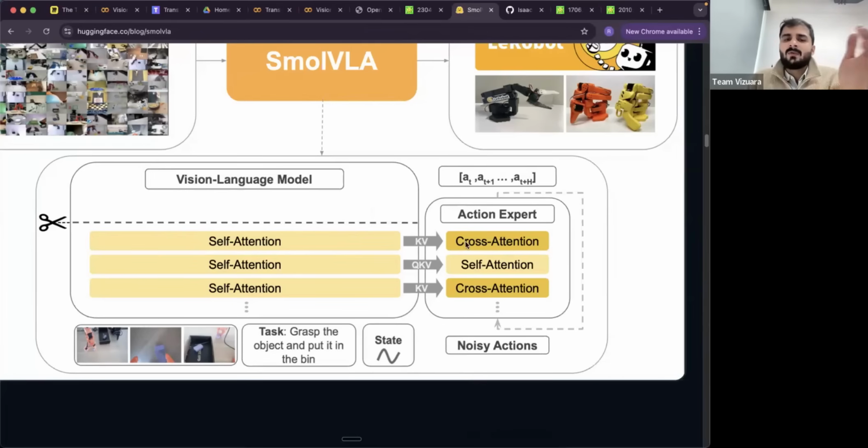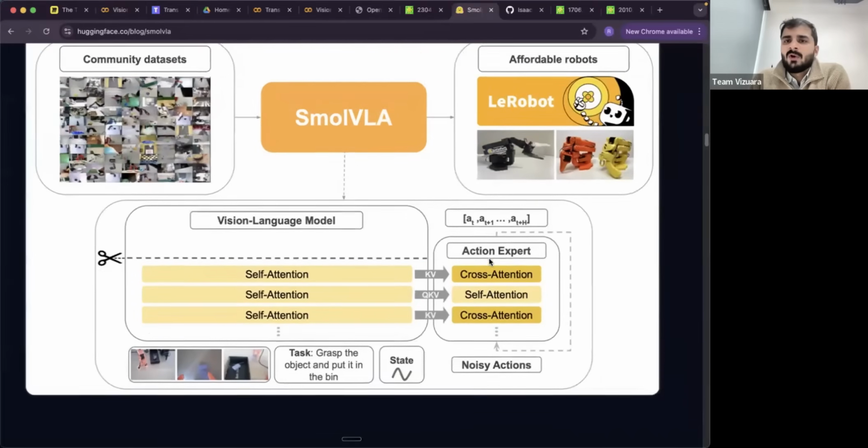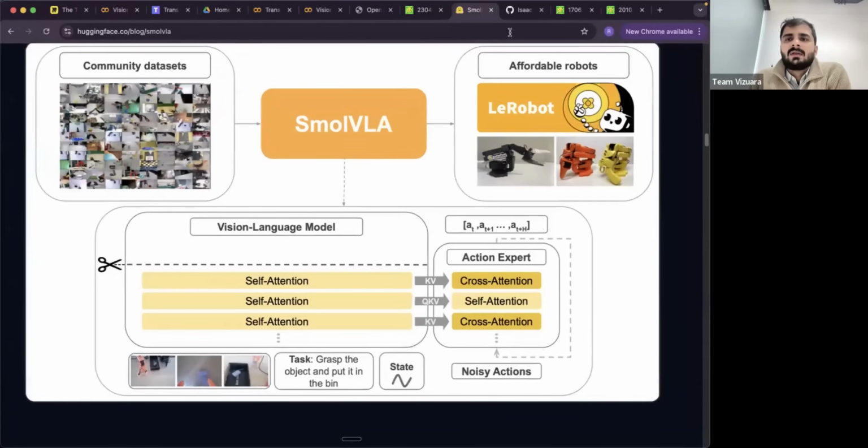So now you know why the queries are not coming in from the encoder to the decoder while doing the cross-attention. Because the queries are coming in from the decoder side, which are the actions. So the queries are the actions and the keys and the values is the context vectors for the entire observations which are passed as an input. And then this is the architecture which SmolVLA uses.